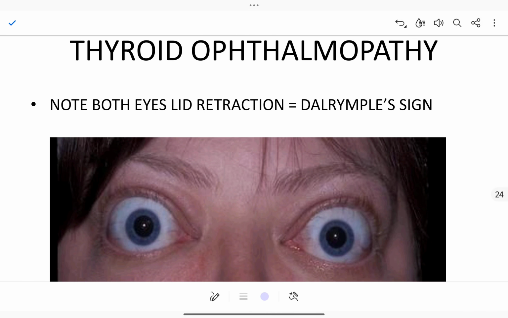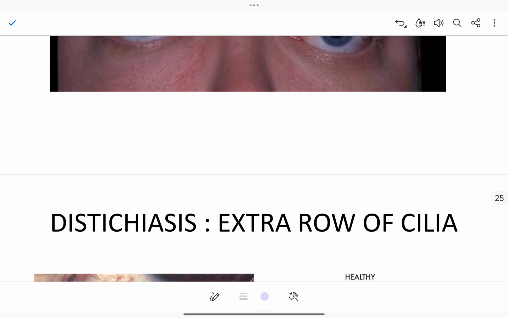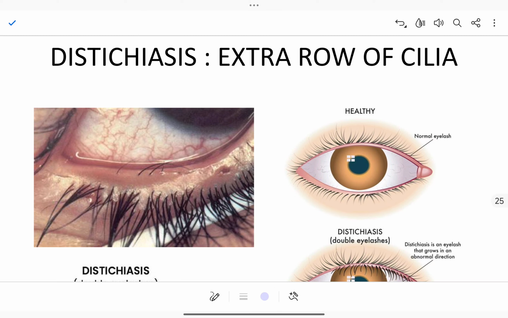Note, both eyes show lid retraction, Dalrymple's sign. Very important to understand this.